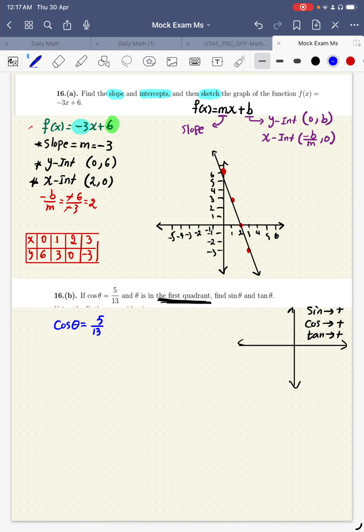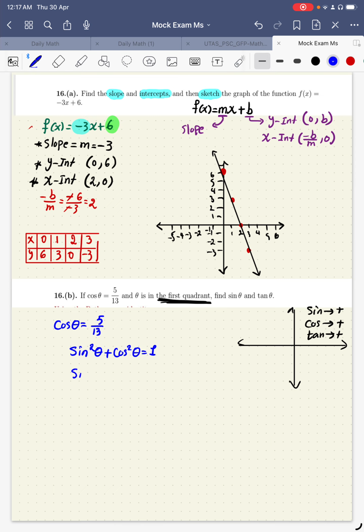So how am I gonna find sine? I should remember the Pythagorean identities, which means sine squared of theta plus cosine squared of theta equals 1. So now I'm gonna sub cosine theta equals 5 over 13 into my Pythagorean identities.